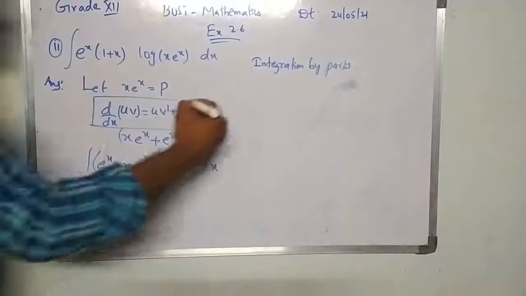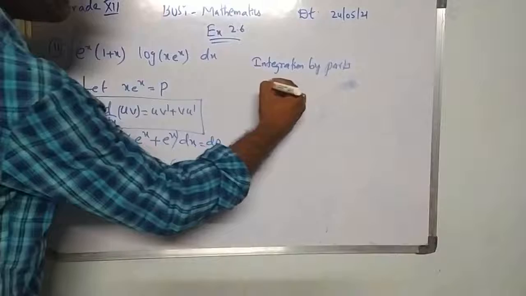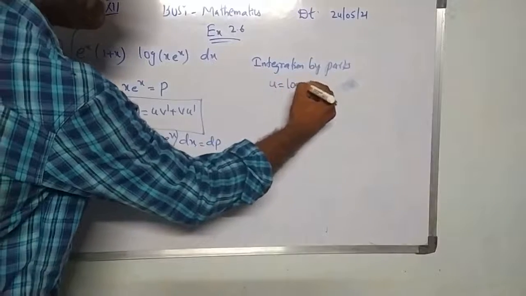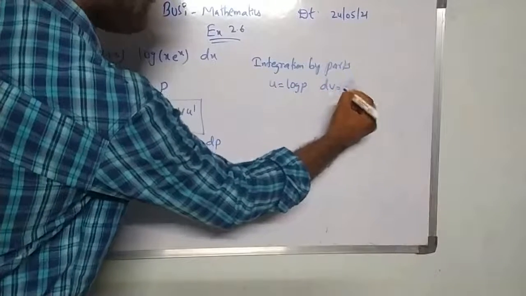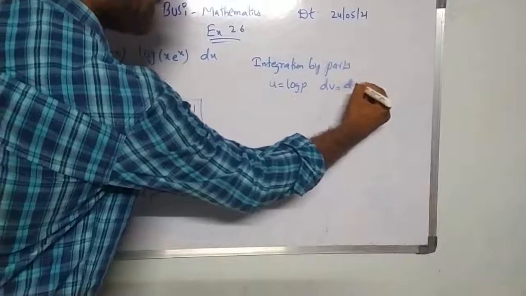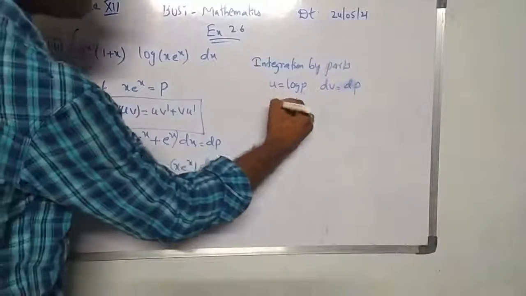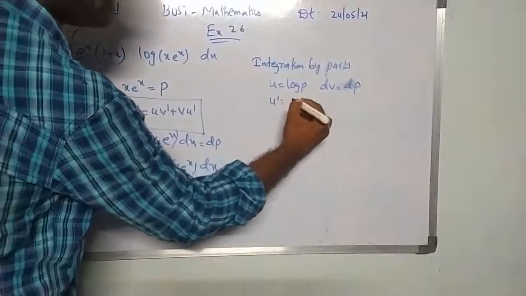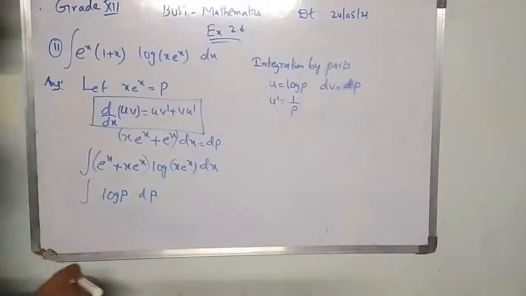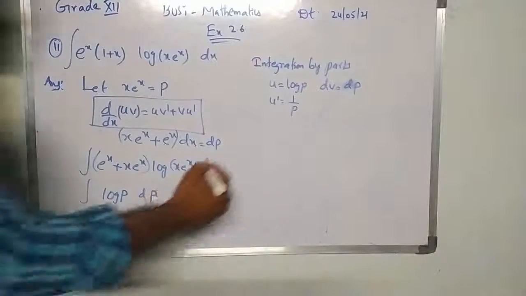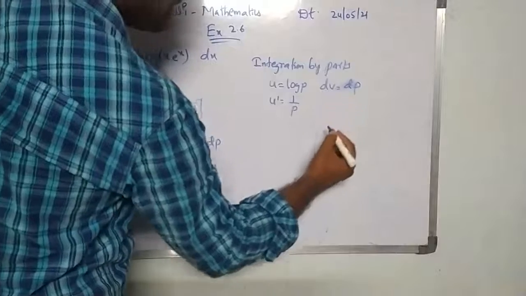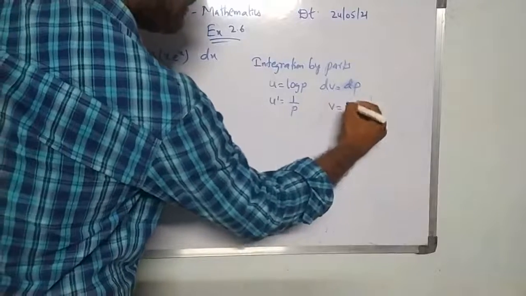By applying integration by parts, u is log p and dv will be dp. So u dash, the derivative of log p, will be 1 by p, and the integration of v will be p.